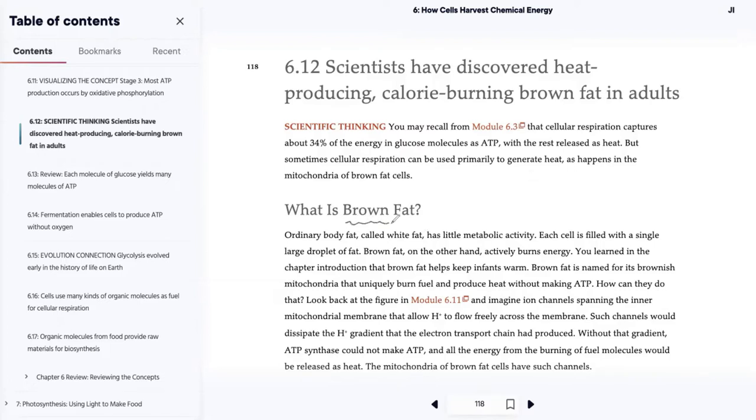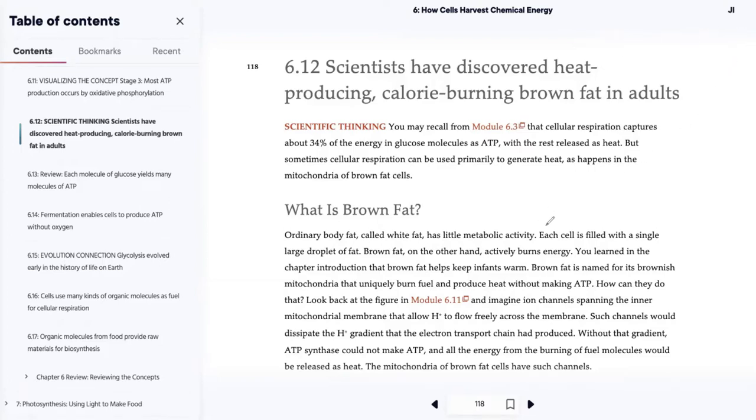Brown fat, right? Not your regular yellow, creamy colored fat, the one that causes insulation, the one that we put on when we reach the age of 40, and the one that we tend to increase in abundance in our bodies after we have a large meal in the holidays. That's normal yellow fat.